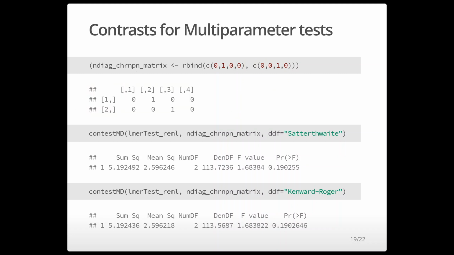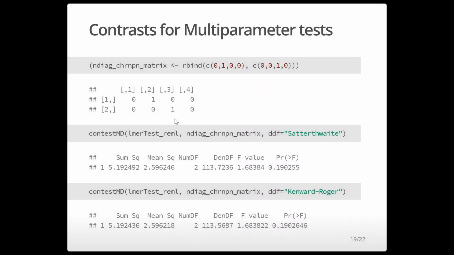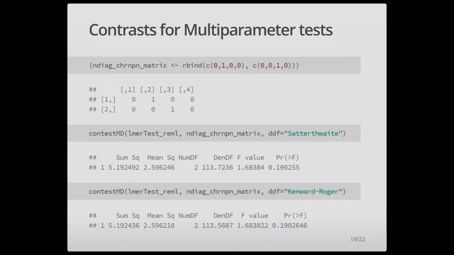So the first row has a 1 in the second column, and that's because the parameter of number of diagnoses was entered as the first parameter in our formula, so it's the intercept plus 1, and chronic pain was the second parameter, so intercept plus 2. So remember, this first column is for the intercept. It should always be all zeros.